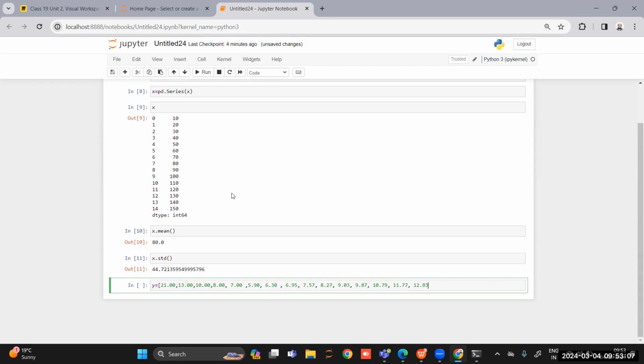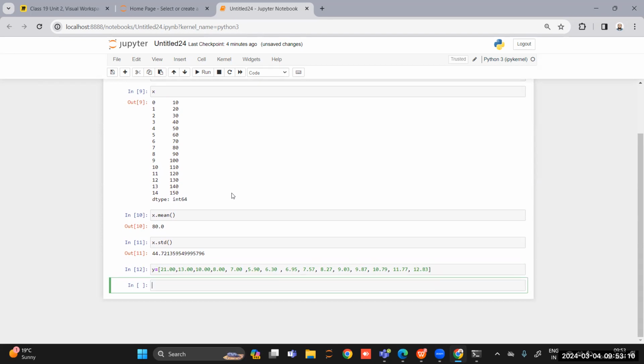Same thing here. Okay, I'll end this list. So I'll load this in a data frame. I'll make a data frame of x and y: pd.DataFrame of x comma y.